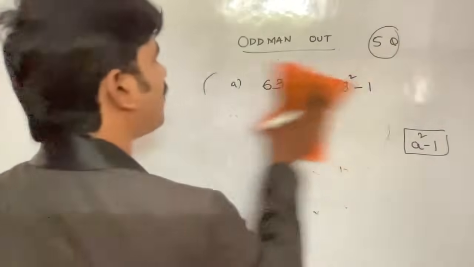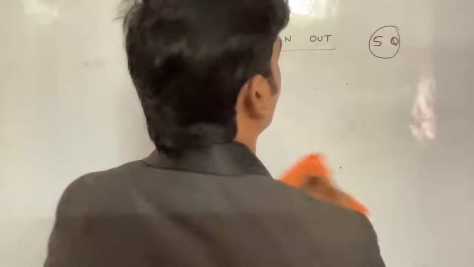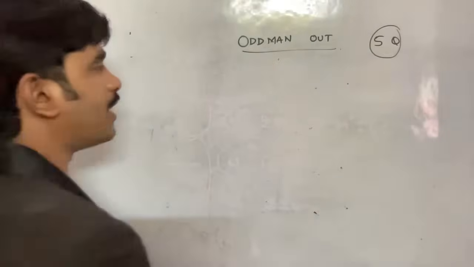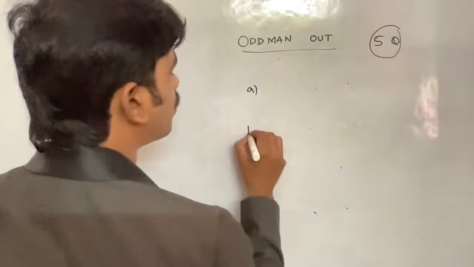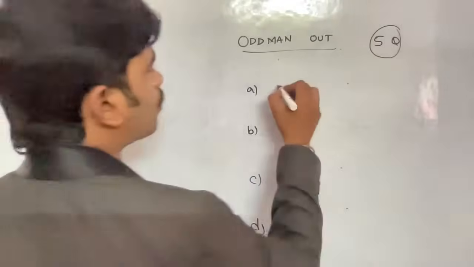So odd man out may be letters or numbers. This one was number based, and previously you saw word based. You can even see odd man out questions where the questions are given in letters also. So let's look at this.